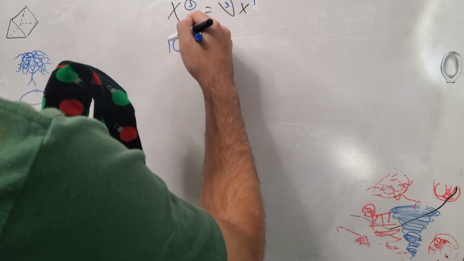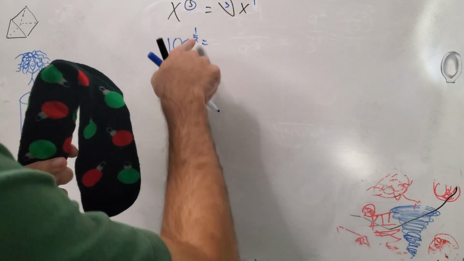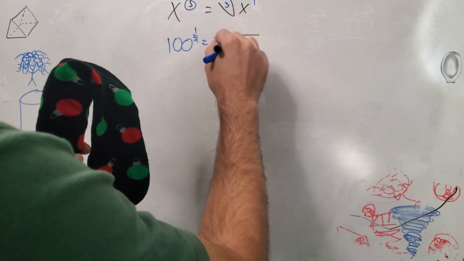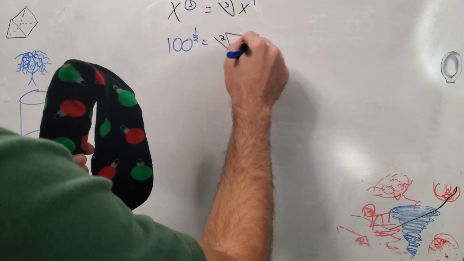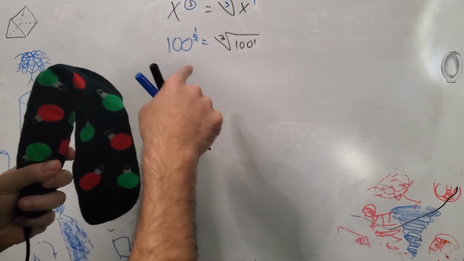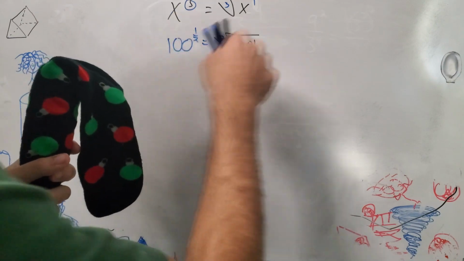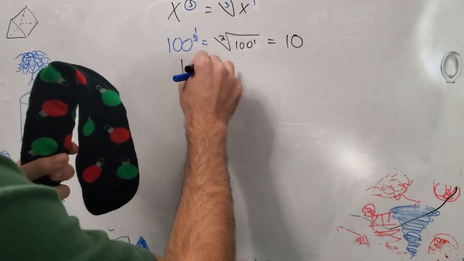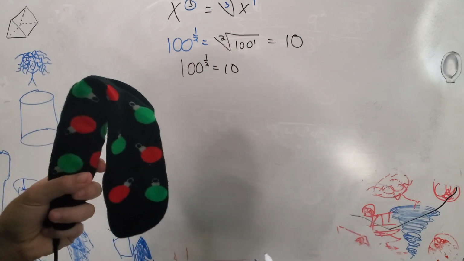Let's do 100 to the 1/2 power. The 2 in the exponent, the denominator, becomes the index for the radical. And then the 1 goes to the exponent. So essentially what this is asking you is, what is the square root of 100? That's just 10. 100 to the 1/2 power equals 10.